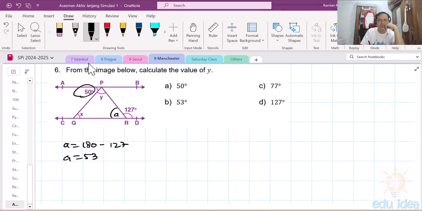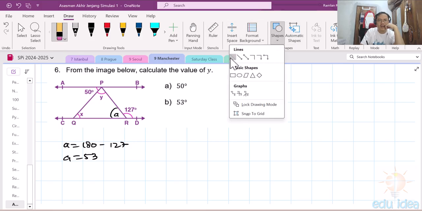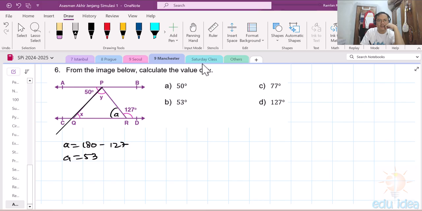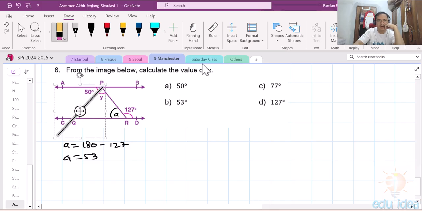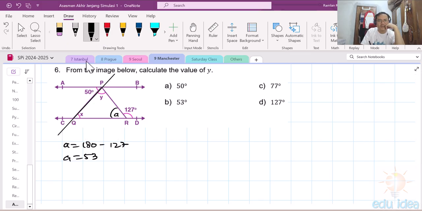If we extend the line from here, you can see that these two are the same.